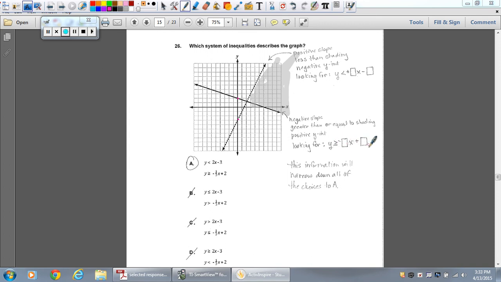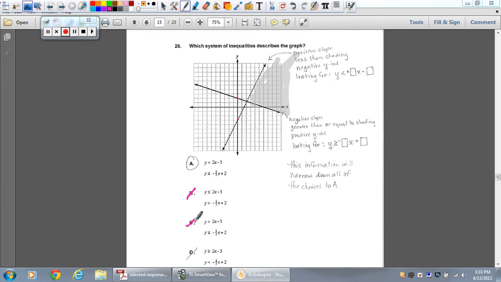And when I just narrowed it down like that, I noticed that this was the only one that could have worked, because here I have less than or equal to, which is not even one of my choices. So I got rid of that one right away. This one I have greater than, which is not one of my choices, and a less than or equal to.